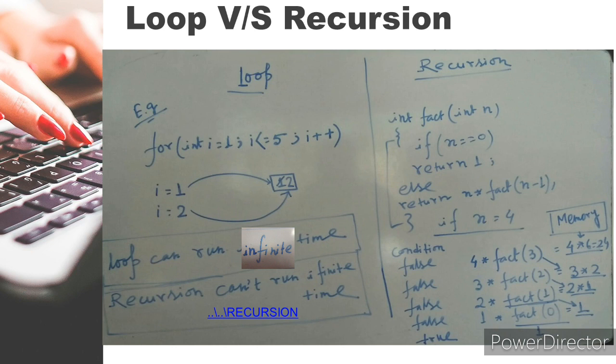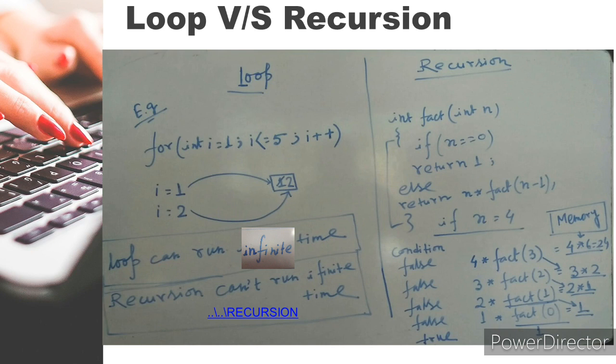In the previous program, what I told you earlier, when the value of n is 4, the first condition is false. So 4 into fact 3. That means in this portion, one fresh memory is allocated. This statement 4 into fact 3 is held there, and 4 is waiting for the result of fact 3.